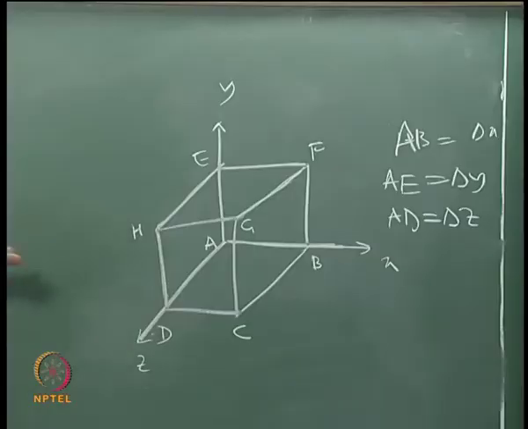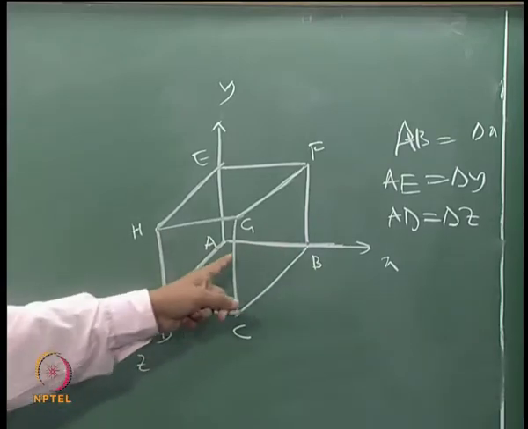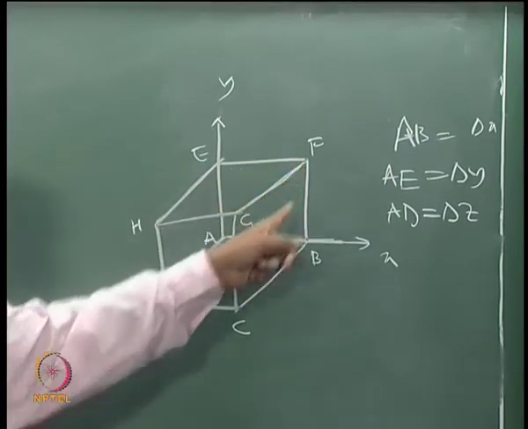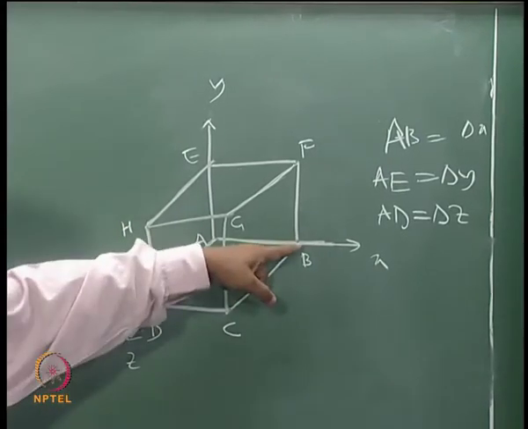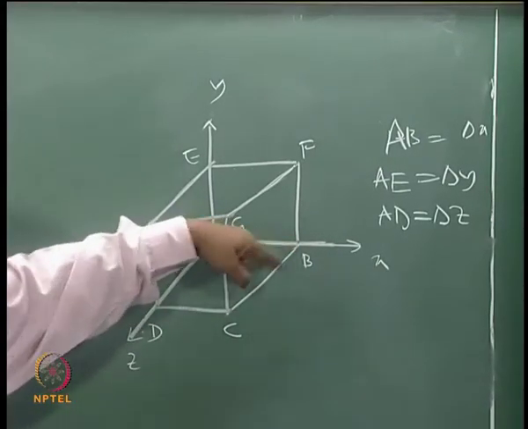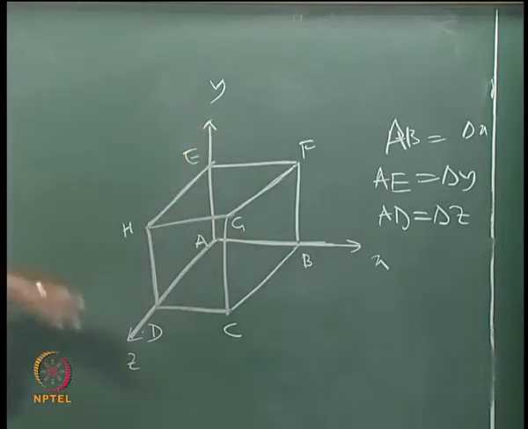So these are the lengths associated with each of these. EF is the same as AB, which is the same as CD, and similarly AD is the same as BC, the same as FG, because we are considering a rectangular parallelepiped.